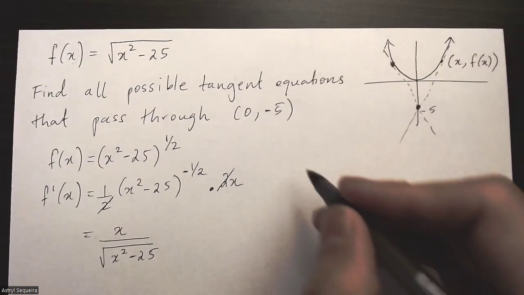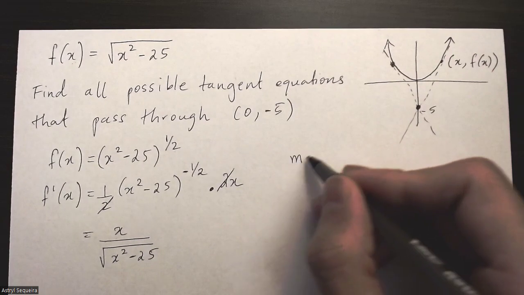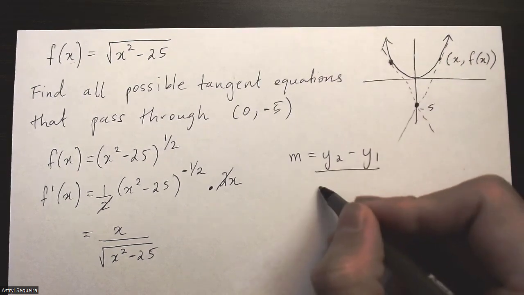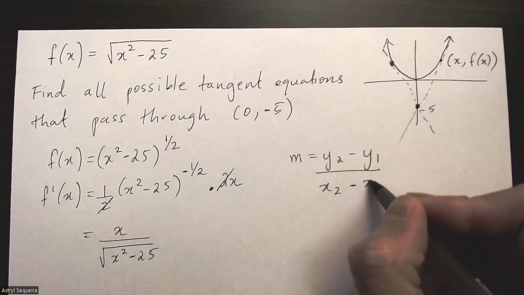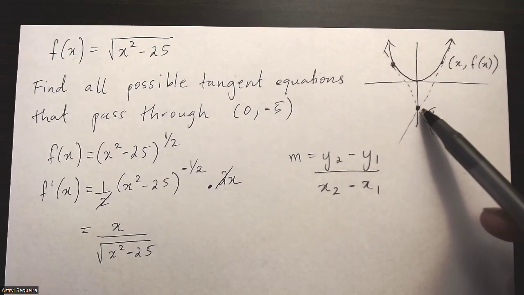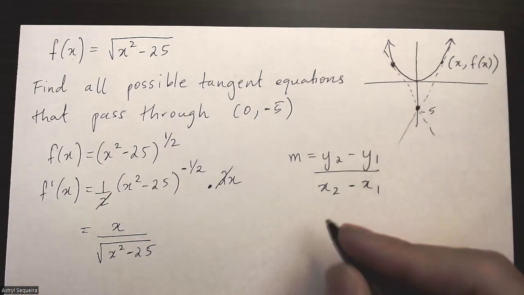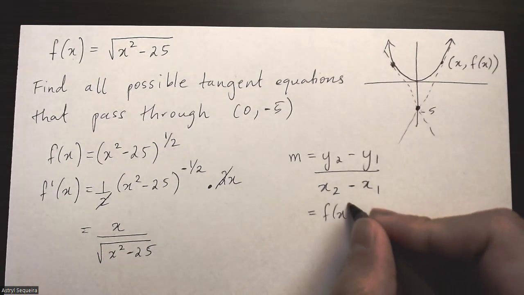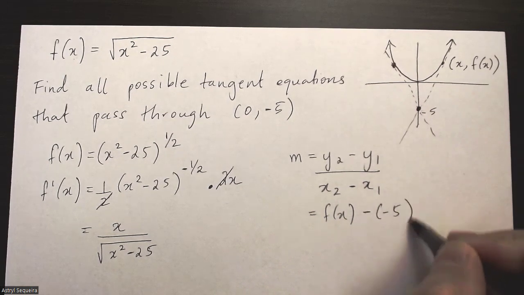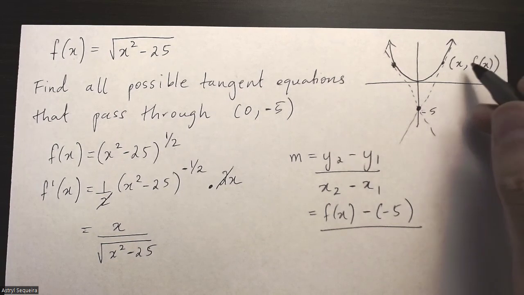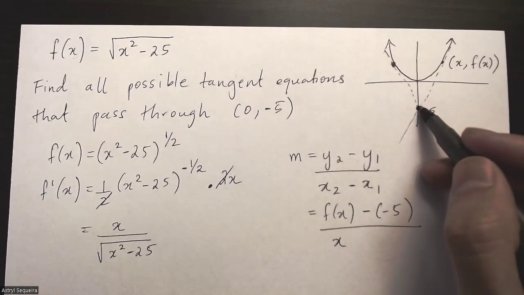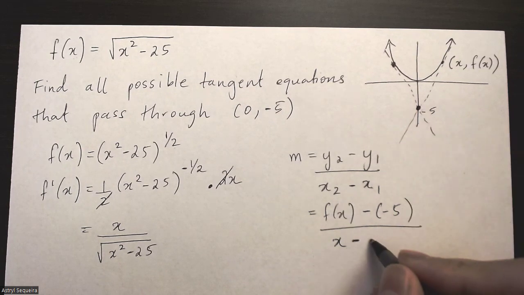So I want to use my slope equation. Slope equals y2 minus y1 divided by x2 minus x1. So this is my first point, and this is going to be my second point here. So y2 is just f of x, y1 is just -5, x2 is just x, and x1 is just 0, the x value over there.